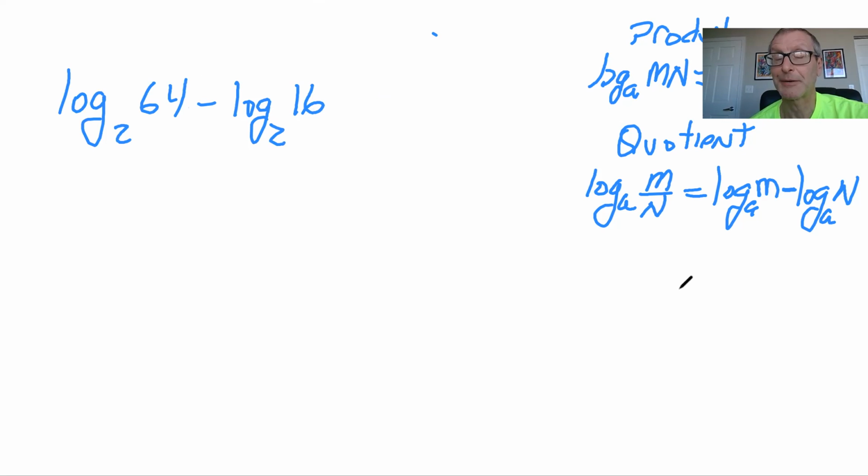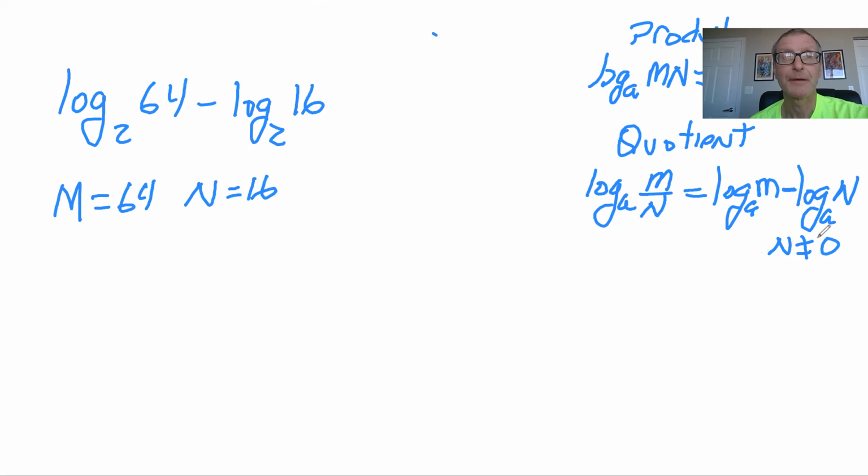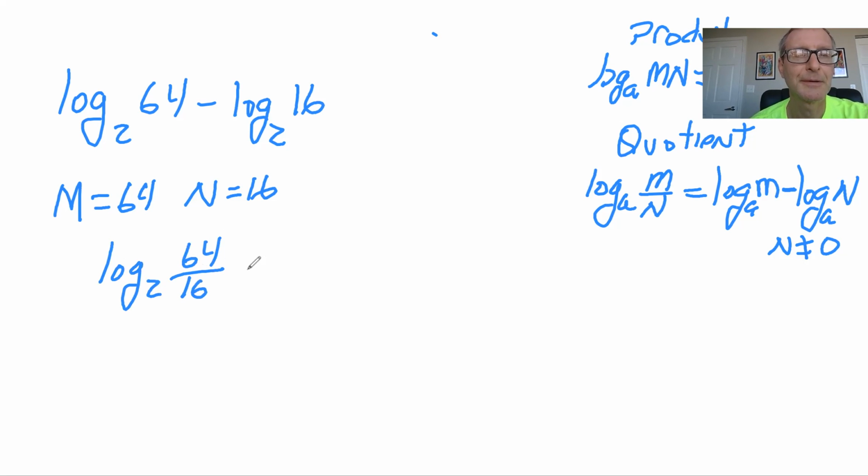So now we can combine them. So you could see that in this case, the m value would be 64 and our n value would be 16. I did forget to mention, but we do know that the denominator can never be 0, by definition. And so when you do this, we combine them, and that would be log base 2 of 64 divided by 16. And so that would be log of base 2 of 4.